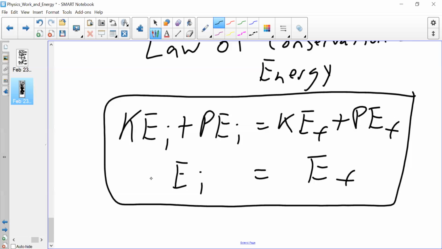So the mechanical energy in the beginning, I'll just call it ME sub I, is going to be equal to the mechanical energy in the end, ME sub F. So the equations that we see there in our text, you can at least see where they come from, and then we can do sample problems going forward.